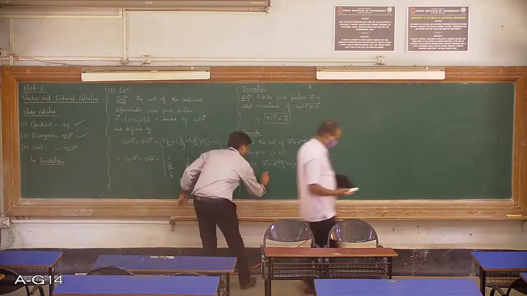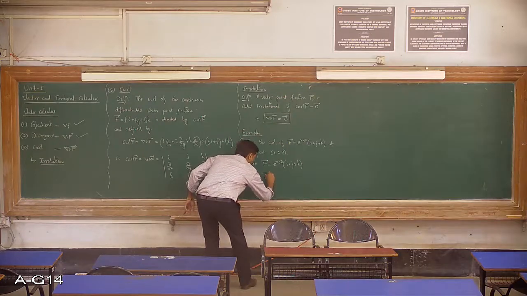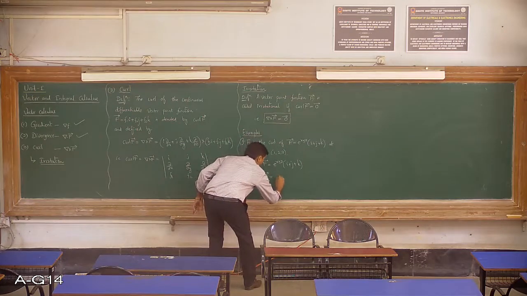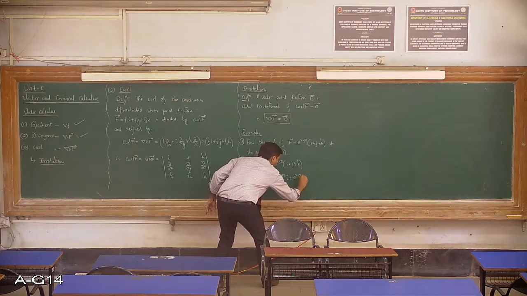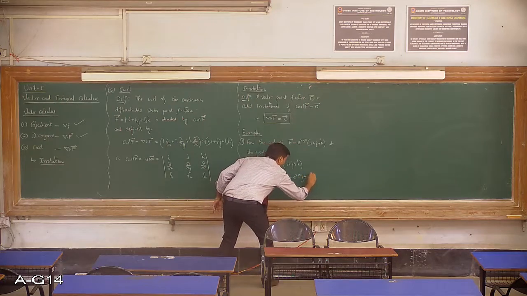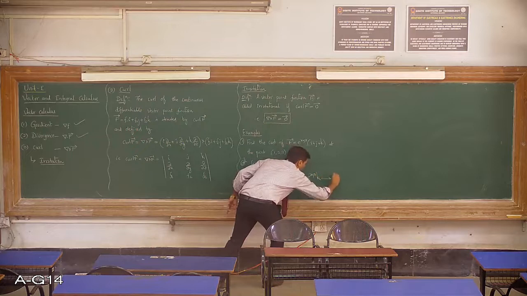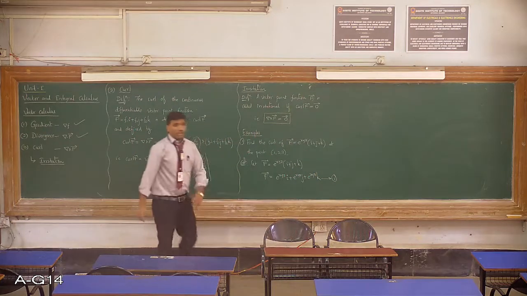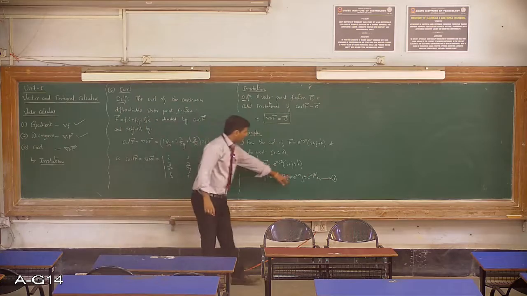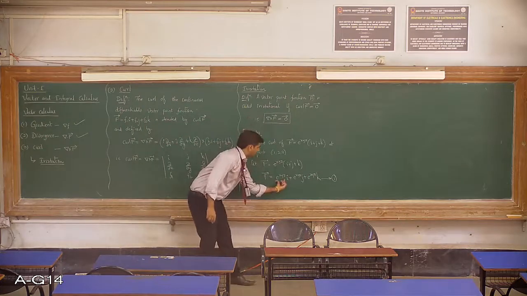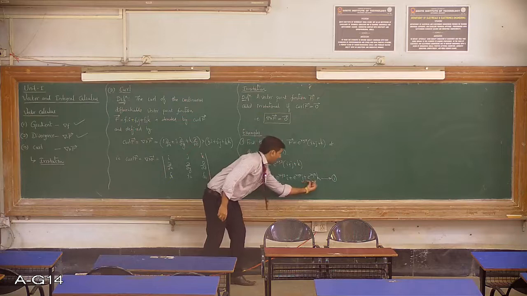If you expand this, you will get e to the power xyz i plus e to the power xyz j plus e to the power xyz k. You can call it equation number 1. Now you can very easily see what f1 is, what f2 is, what f3 is. So this is f1 i, f2 j, f3 k.